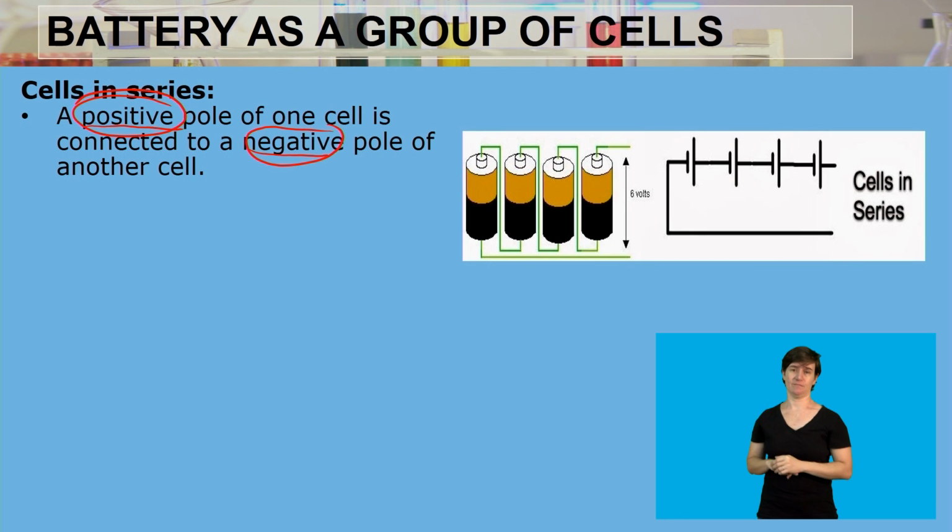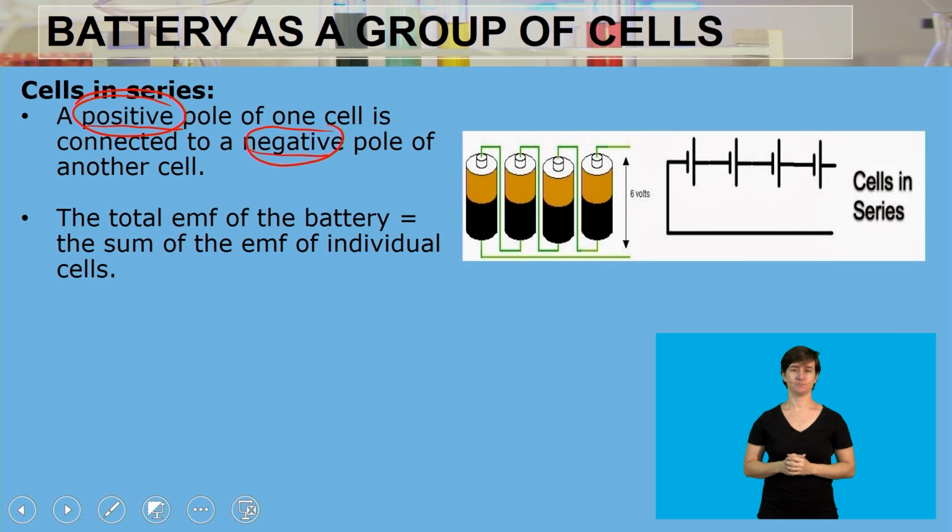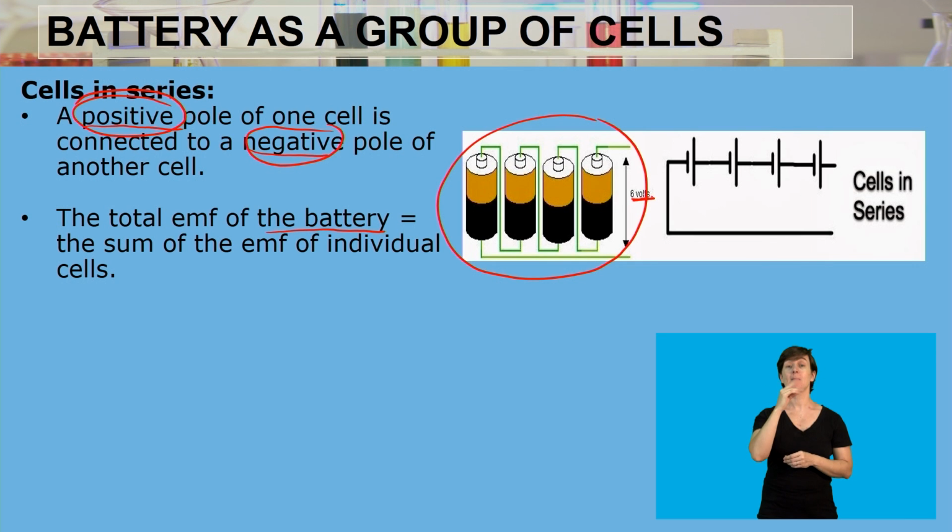Now, in series, the total EMF of the battery is going to be equal to the sum of the EMF of the individual cells. On this picture alongside, we are told that the EMF of the entire battery is 6 volts.